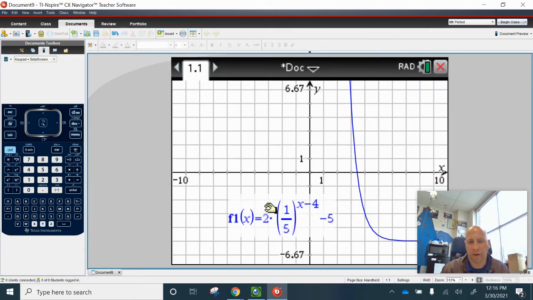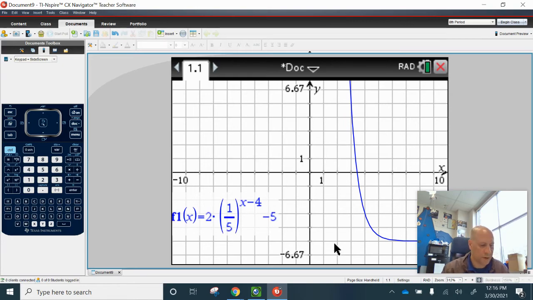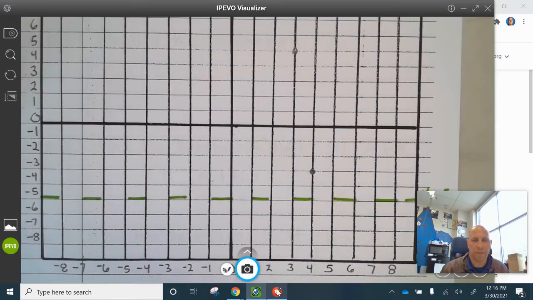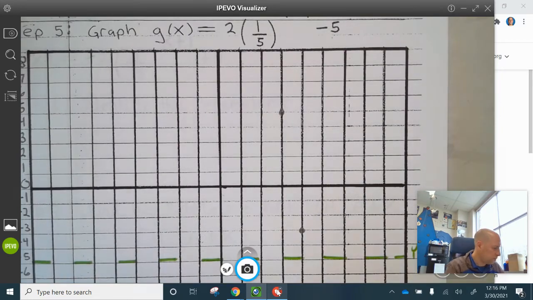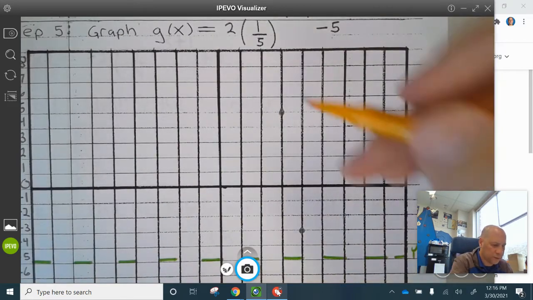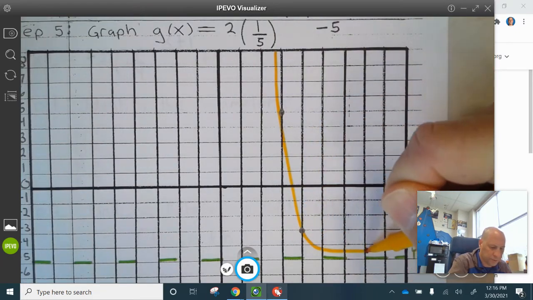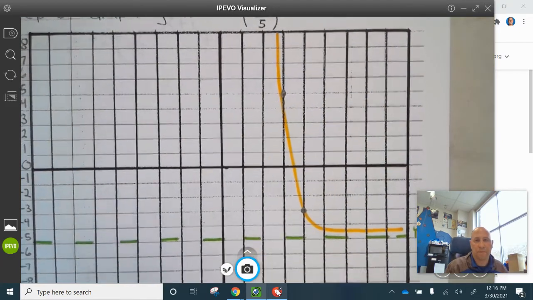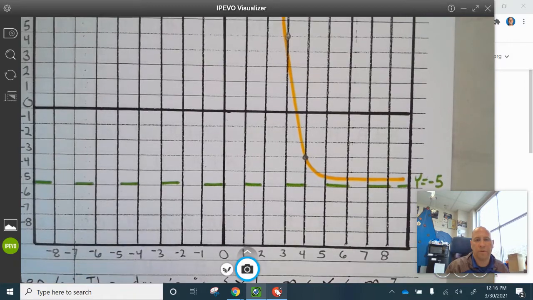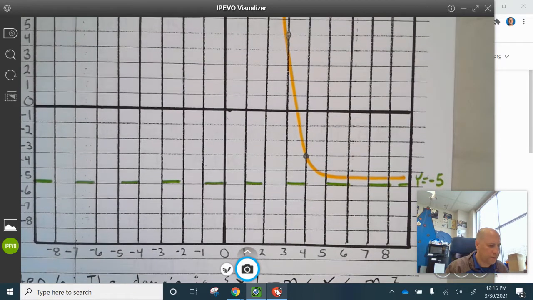You see it doesn't cross that. It doesn't cross negative 5. So our line's coming through those points and going down and across. All right, go ahead and finish up the graph.